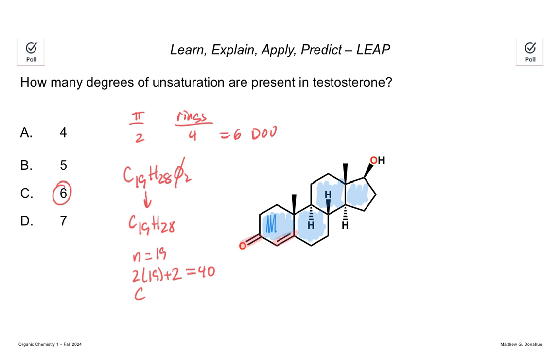So C19H40. Again, that's the alkane molecular formula, fully saturated, minus C19H28, what we're given or what we found. We get H12. We divide by H2, so that gets us our 6 degrees of unsaturation, which we confirmed visually through counting pi bonds and rings.